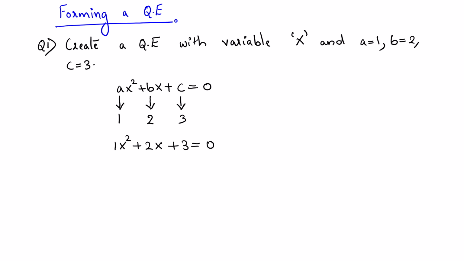Again, 1x square means what? 1 multiplied by x square, which is nothing but x square. Then plus 2x plus 3 equal to 0. This is the final answer. So this is the required quadratic equation. Since the highest power here is 2, this is a quadratic equation. Okay. Now let's move on to another question.